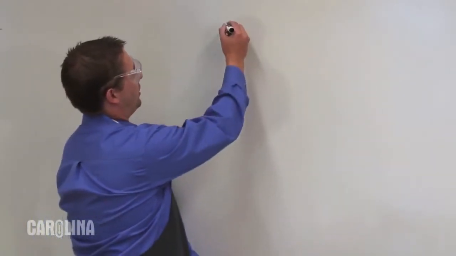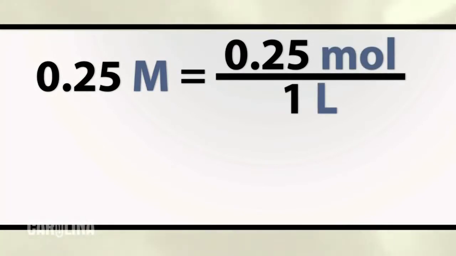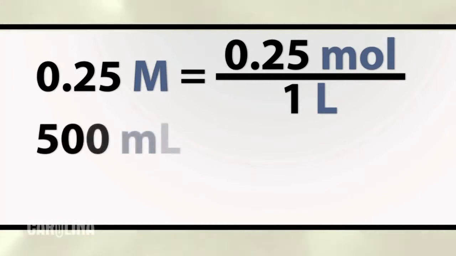Before beginning, it's important to map out your procedure for preparing this solution. Here, we'll look at the amount of sodium chloride we need in this solution. We know that we want to prepare a 0.25 molar solution, which means that there is 0.25 moles per liter of solution. We also know that we only want 500 milliliters of this solution, or a half liter.